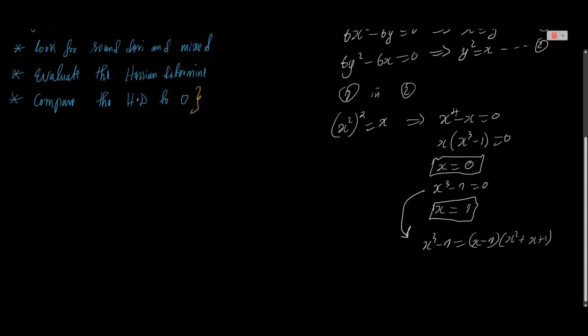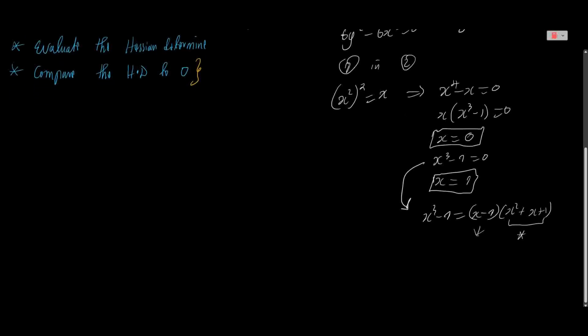If you expand this, you're going to have this, and this is actually a quadratic equation with complex roots. So this is just out of our domain. Our main focus is this. So our critical points are actually 0, 0 and 1, 1. We're going to see why.